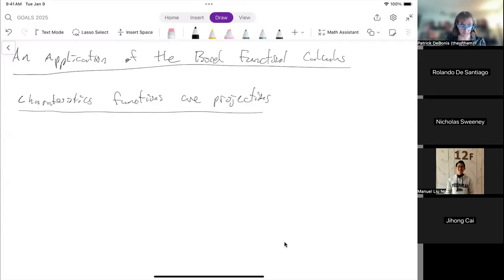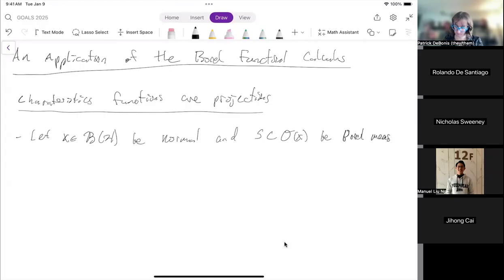If you start with a normal operator in B of H, and a Borel measurable set inside its spectrum, then the characteristic function is definitely a bounded Borel function on the spectrum.